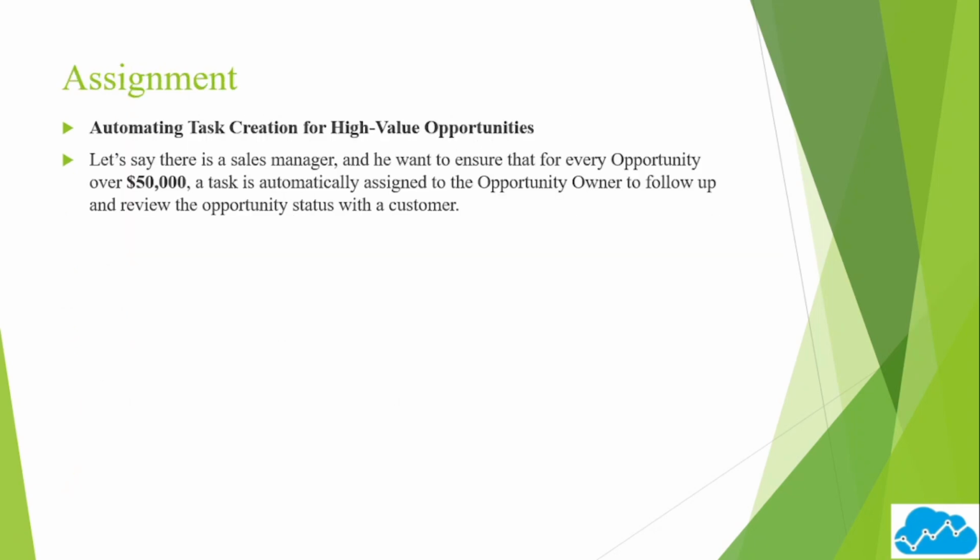So let's see the assignment. This assignment is for ensuring the opportunities which are above 50k dollars. So if we get an opportunity above $50,000, then for that opportunity we are going to create a task that is going to be assigned to the opportunity owner.